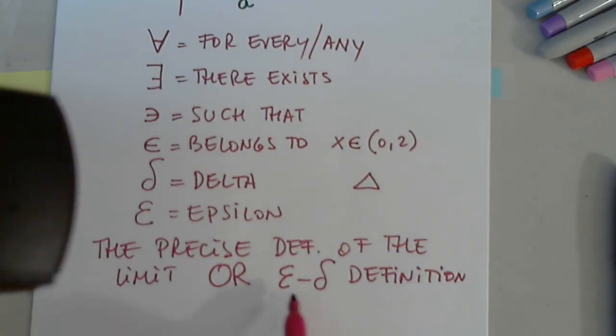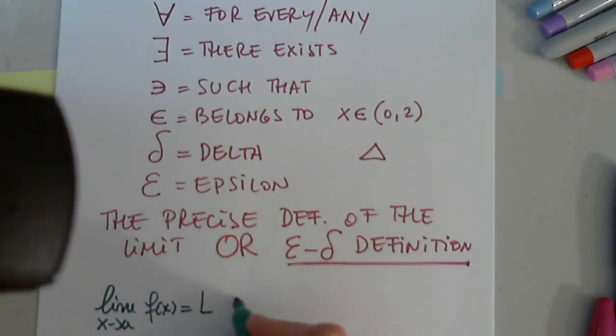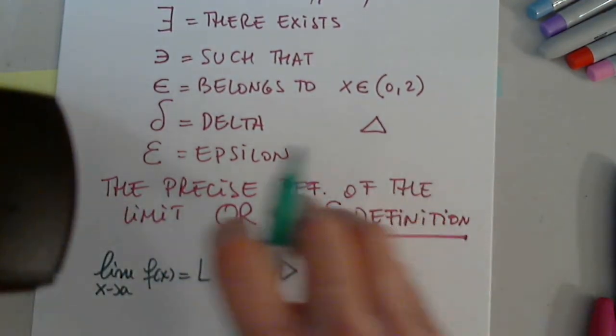We prefer to say epsilon delta definition because it's shorter than the precise definition of the limit. And here it is. Limit as x approaches a of f of x is L. This is the double equivalency symbol. This means this implies this, this implies this.